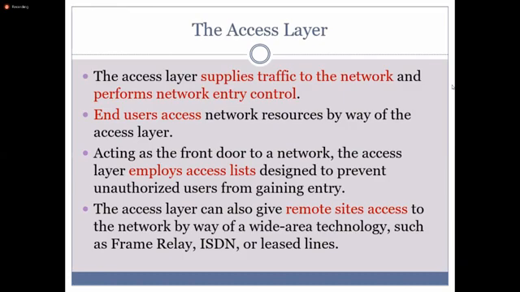The access layer supplies traffic to the network and performs network entry control. So end users access network resources by way of the access layer. End users are in the access layer, whether wireless or wired. It's acting as a front door to a network, and the access layer employs access lists designed to prevent unauthorized users from gaining entry.